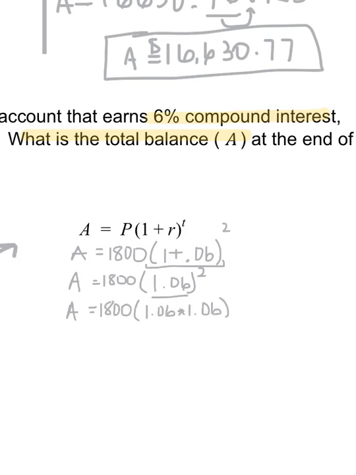So that's what it would look like. And when you multiply all of that out, you end up with a total balance of $2,022.48. This one didn't have all these digits after the decimal. There's only 2 numbers after the decimal. No rounding needed. That means we're finished.